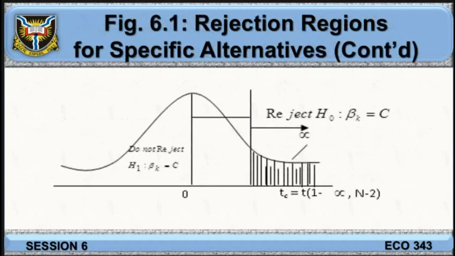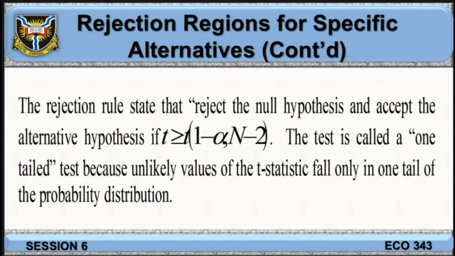The rejection rule states: reject the null hypothesis and accept the alternative hypothesis if t is greater than or equal to t(1 minus alpha, N minus 2). The test is called a one-tailed test because unlikely values of the t statistic fall only in one tail of the probability distribution.